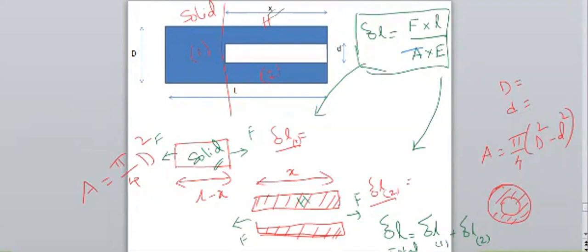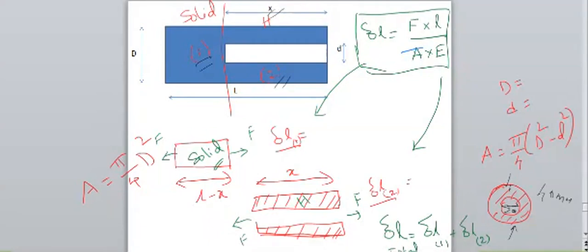Therefore, the cross section up to this region will be solid, and the next portion will be hollow, with an inside diameter of 20 mm and an outside diameter of 40 mm.